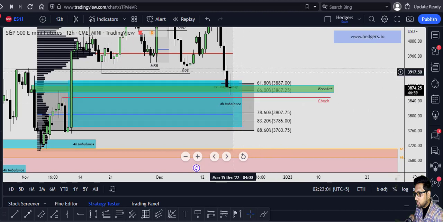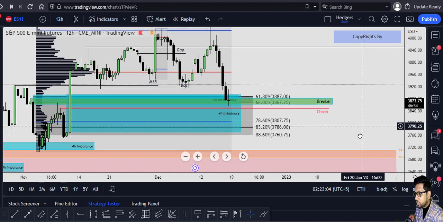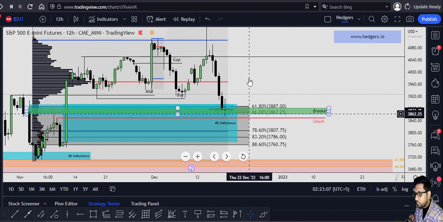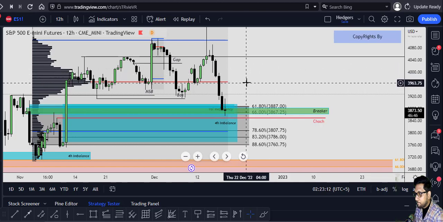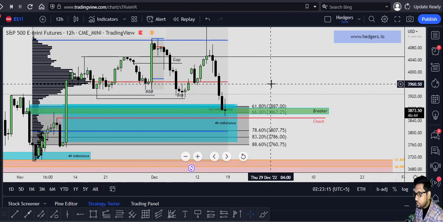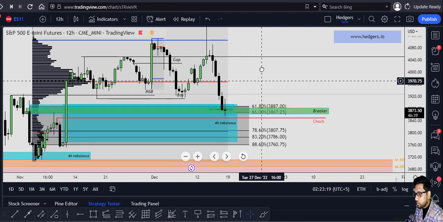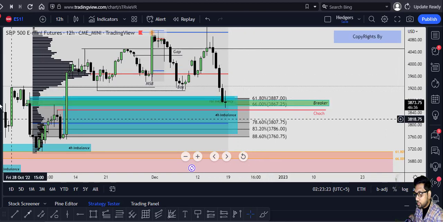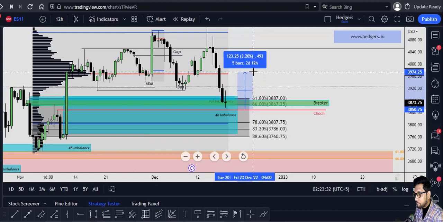If this gives good bounce from this point, then you can say really nice opportunity for the upside move. Yes, you can say that it can give us 2-3% move to the upside at least.